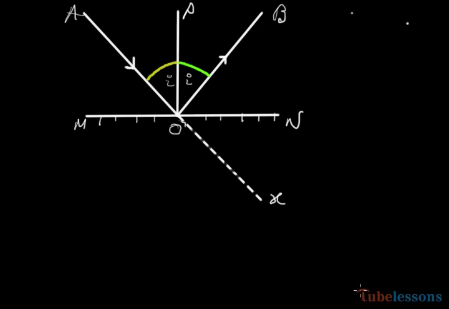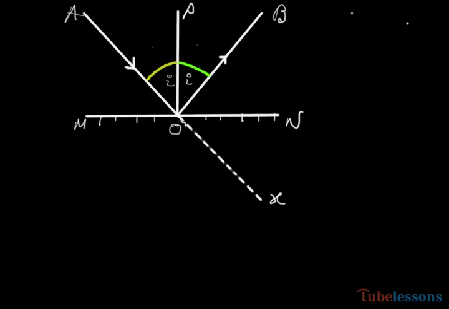Let us consider a ray AO is incident on the surface of a plane mirror MN. AO is the incident ray and OB is the reflected ray. OP is the normal. Now AOP is the angle of incidence, that is I, and BOP is the angle of reflection. It is equal to I because the angle of incidence equals the angle of reflection.